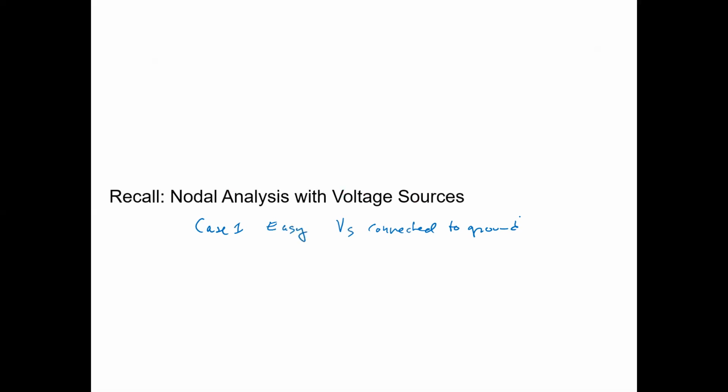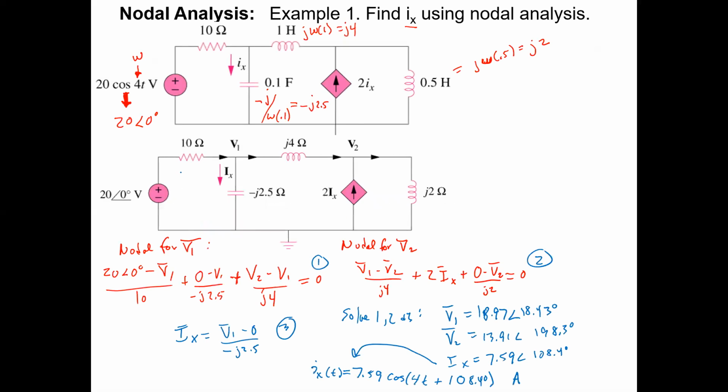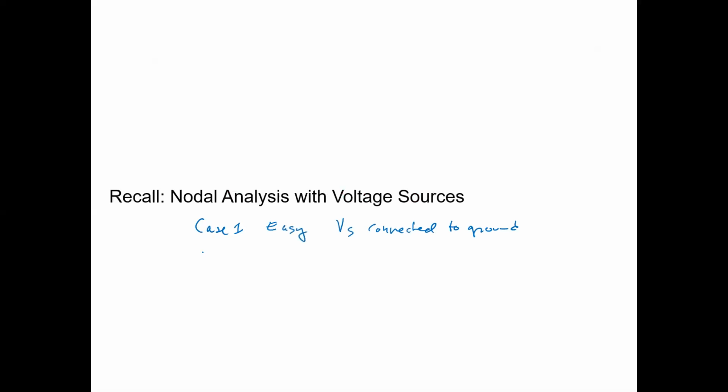Like this guy right here. Those are pretty easy because we know this node voltage here is 20 angle 0 degrees. But what happens if you get a floating voltage source? That's case 2. It's not really hard, but it's not as easy.